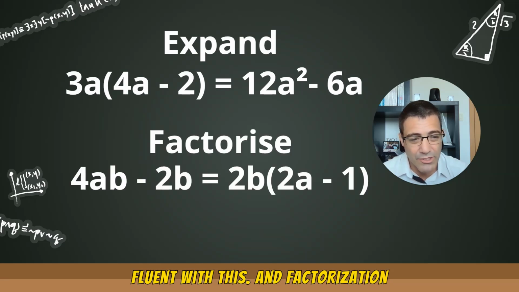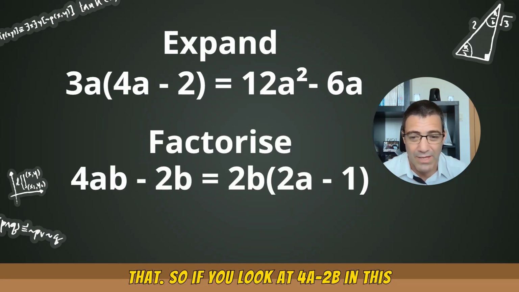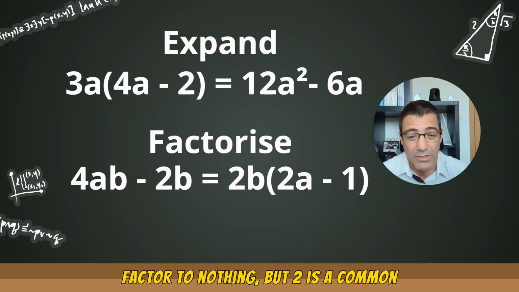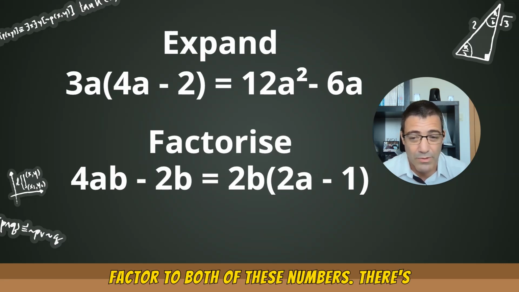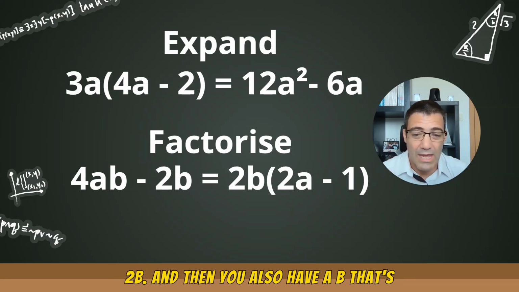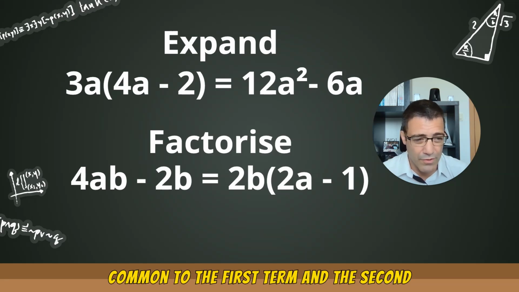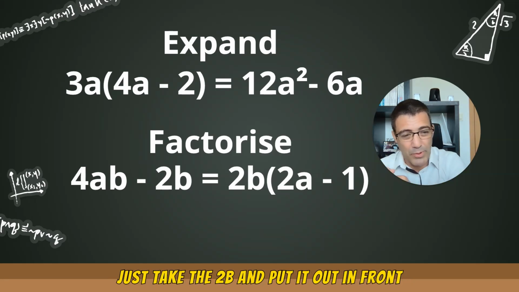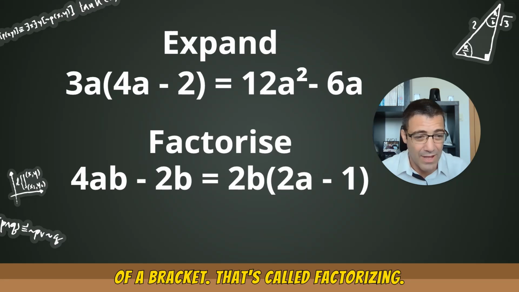And factorization is pretty much the reverse process of that. So if you look at 4a minus 2b in this example, we realize that 4 is a common factor to nothing, but 2 is a common factor to both of these numbers. There's a 2 inside of 4 and there's a 2 inside of 2b. And then you also have a b that's common to the first term and the second term. So what you're allowed to do is to just take the 2b and put it out in front of a bracket. That's called factorizing.